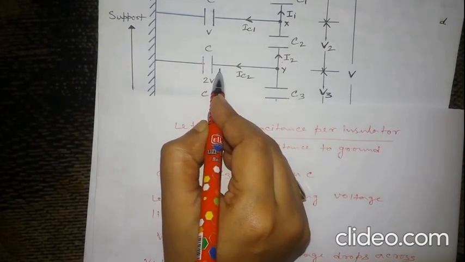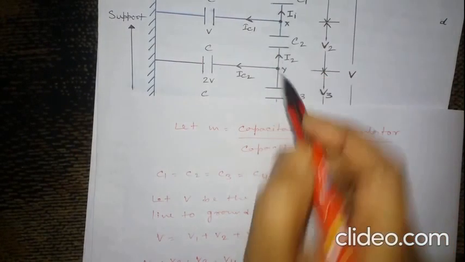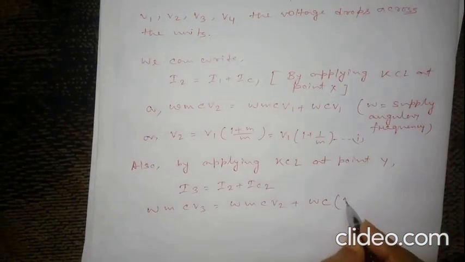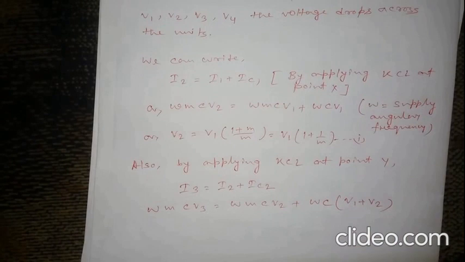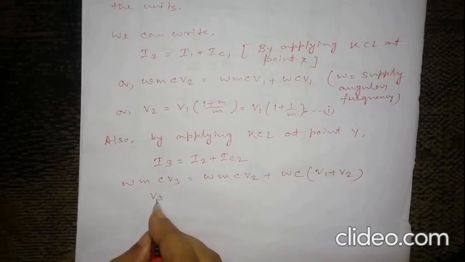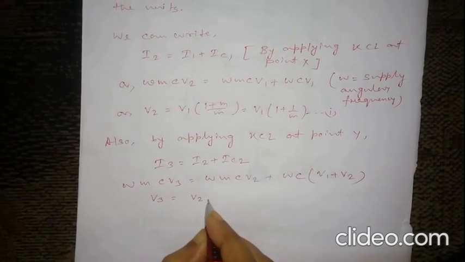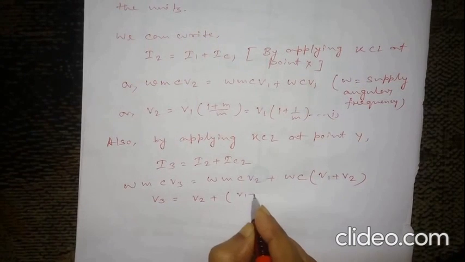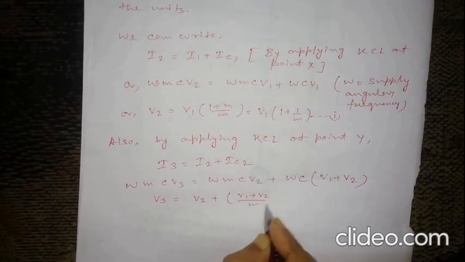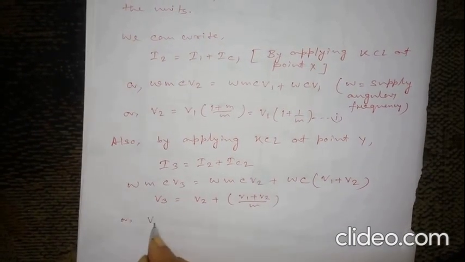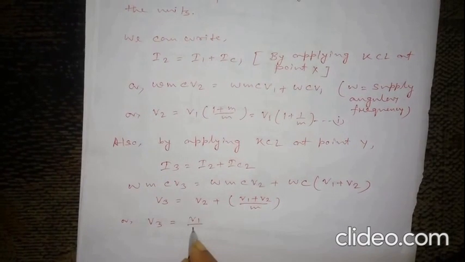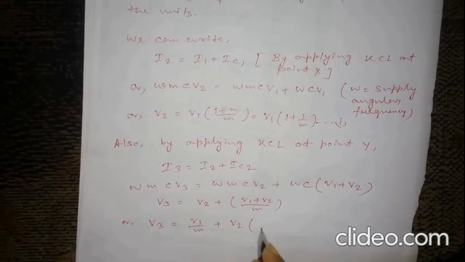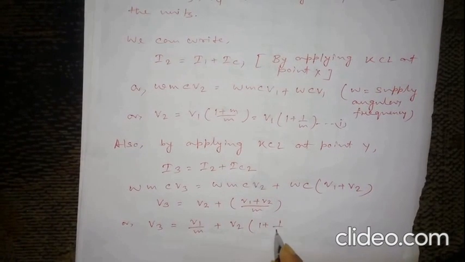That means omega C (V1 plus V2). V3 equal to V2 plus (V1 plus V2) by M. V3 equal to V1 by M plus V2 into (1 plus 1 by M).